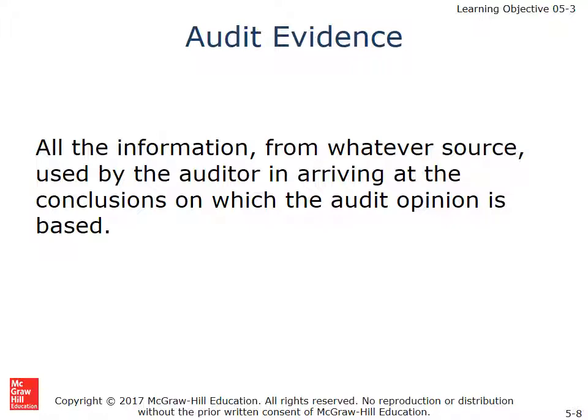All right, so we know what the assertions are. So what kind of evidence do we have to collect about those assertions, basically, to come up with our audit report, our opinion? Audit evidence is all the information from whatever source used by the auditor in arriving at their conclusion on which the audit opinion is based.